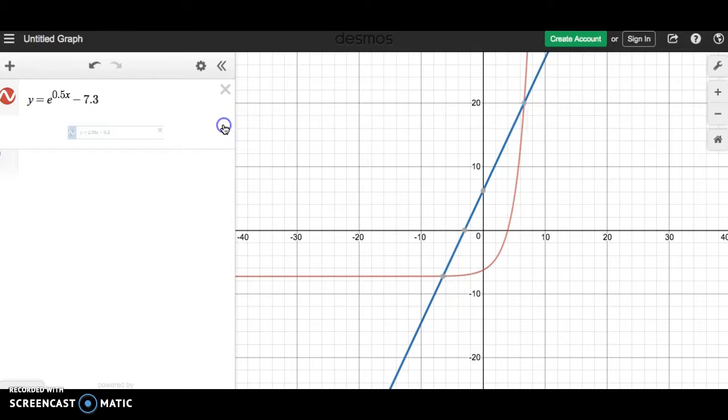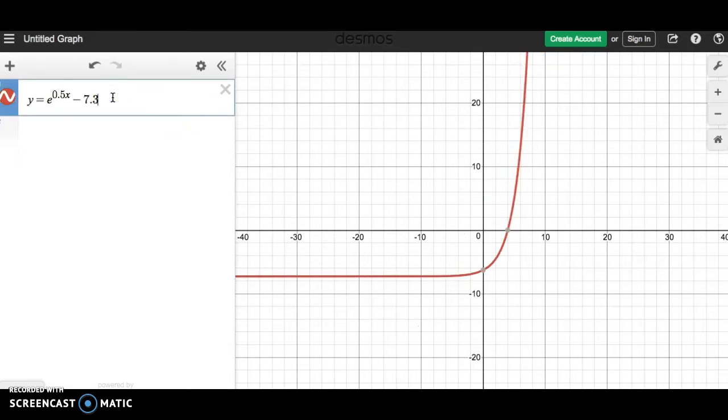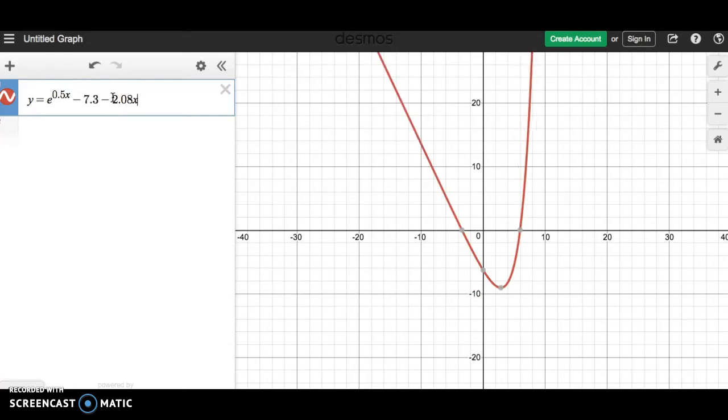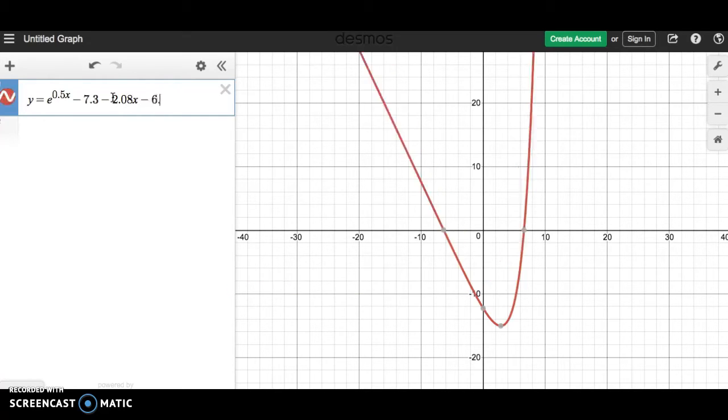So I'm going to get rid of this second one, and I'm going to start with this e to the 0.5x minus 7.3. Then I'm going to subtract over the 2.08x and subtract over the 6.2. This time I see two locations where our graph crosses the x-axis, or our zeros, and we can see that we obtain the exact same solutions that we did using the intersect method. Either one of them is just as efficient in solving.